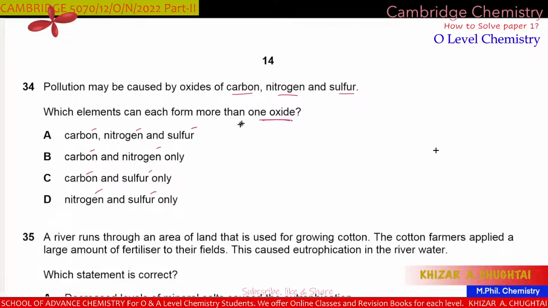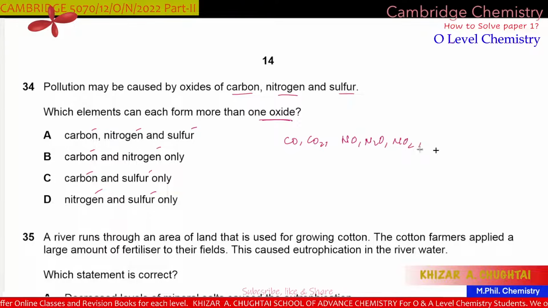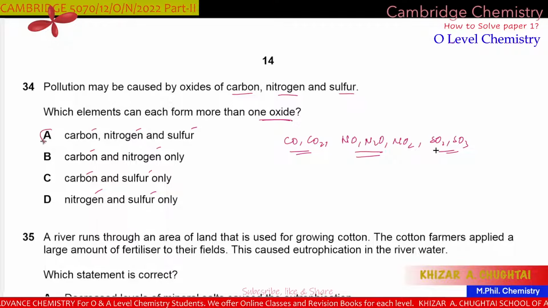For more than one oxide, you have seen carbon monoxide, carbon dioxide, nitrogen monoxide, N2O, nitrogen dioxide, and so on, and SO2 and SO3. So we are familiar with the different oxides of these elements, and again they all have more than one oxide. So A is the correct option.